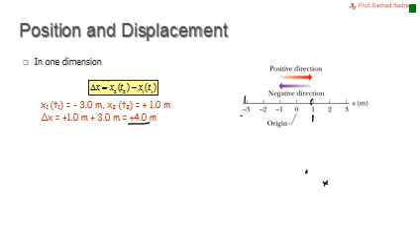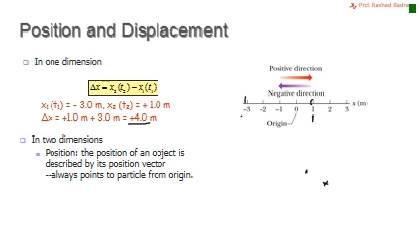In this case, the displacement is going to be the final position, which is +1, minus the initial position, minus -3, and you're going to get a displacement of +4, and that is towards the positive x-axis. This is the way we used to define the displacement in one dimension.